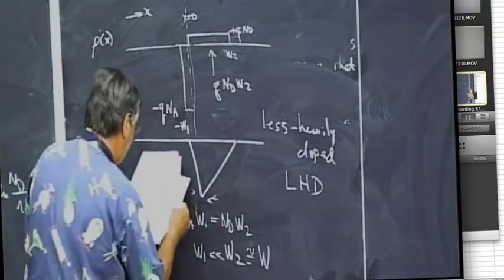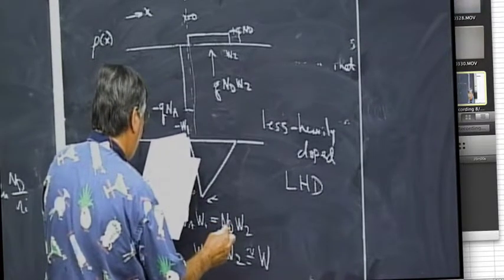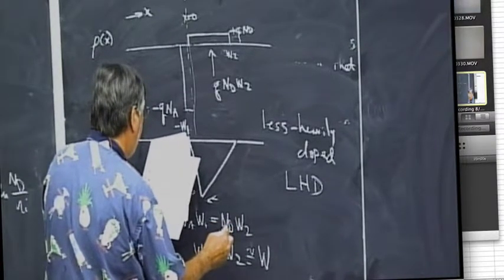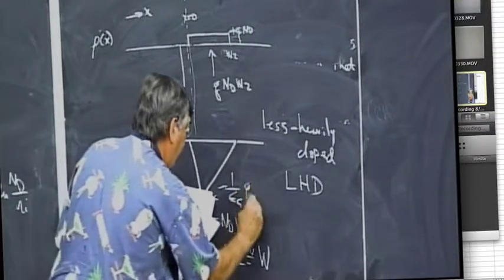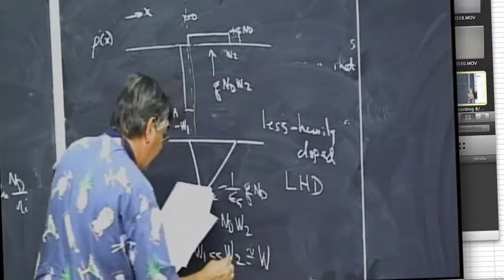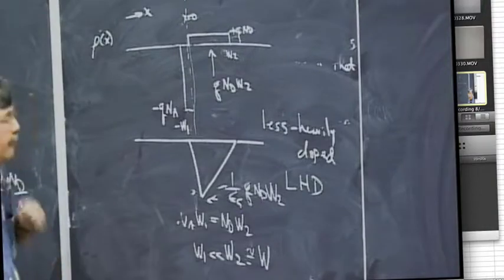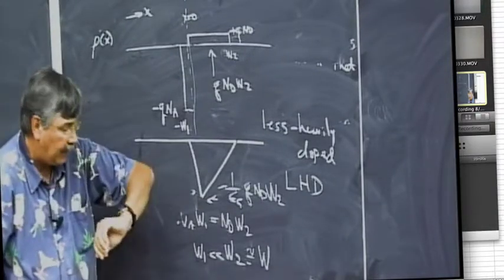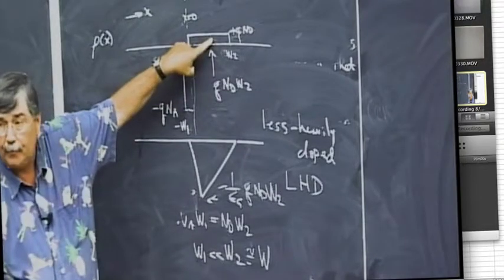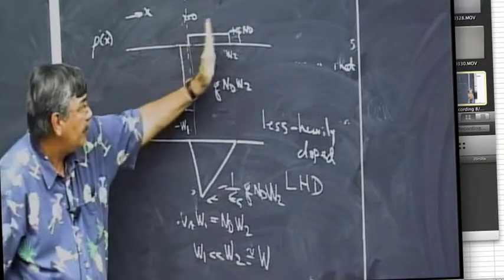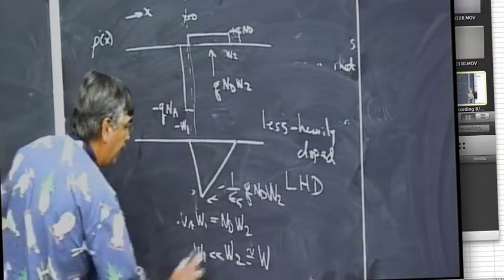It's also true from here, so that is approximately minus 1 over epsilon s times q ND, the doping on the less heavily doped side, times W2, which is approximately W. All right? So that's the field in that direction, and that's just the integral, really, of this rectangle as a function of position. And there's a minus sign in there. I don't care about the minus sign, but that's correct.